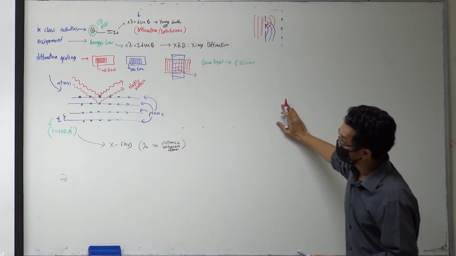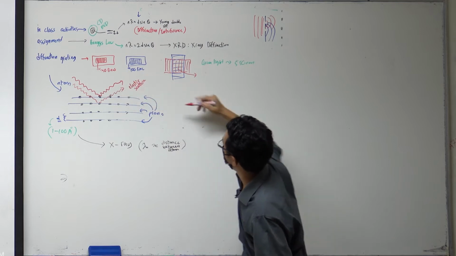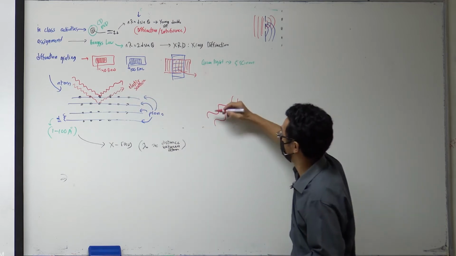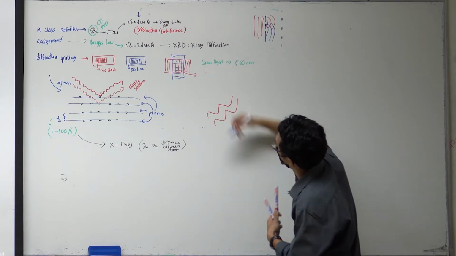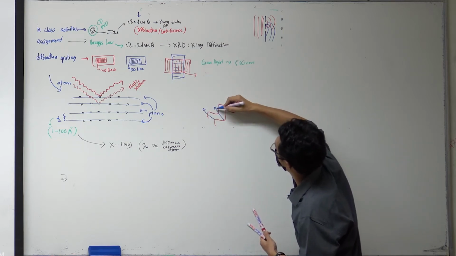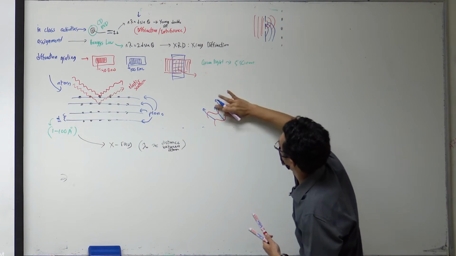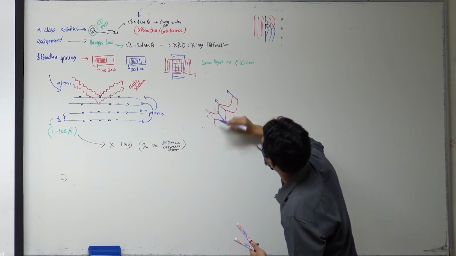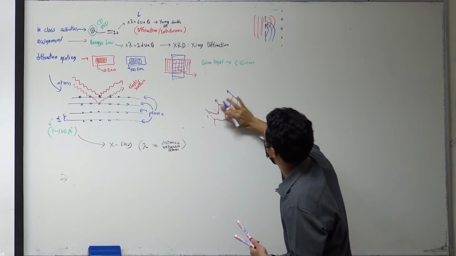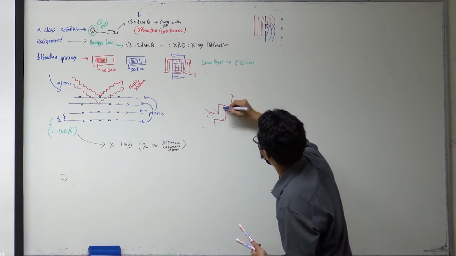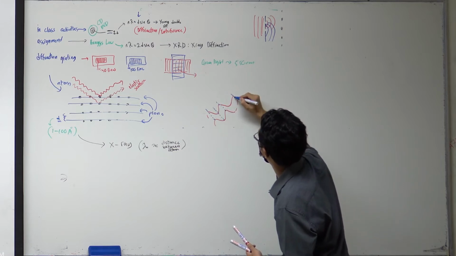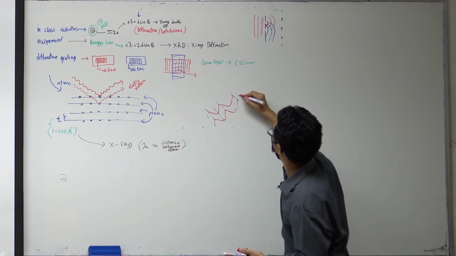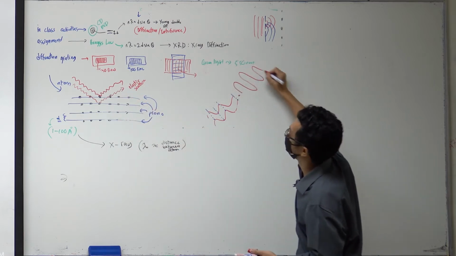If the waves are in phase, meaning peak with peak and trough with trough, they give constructive interference, and you get something very pronounced.